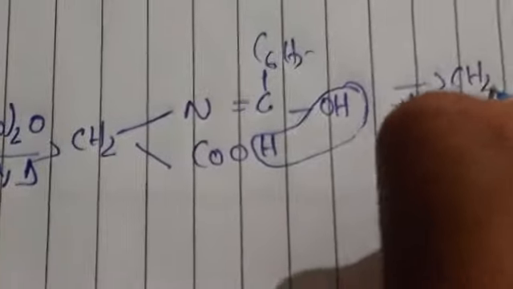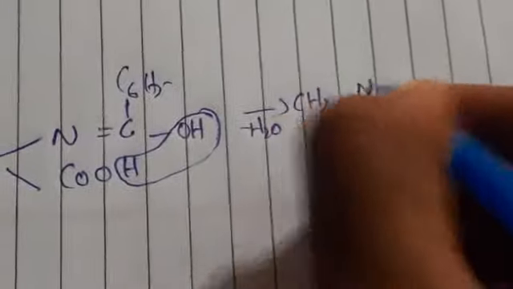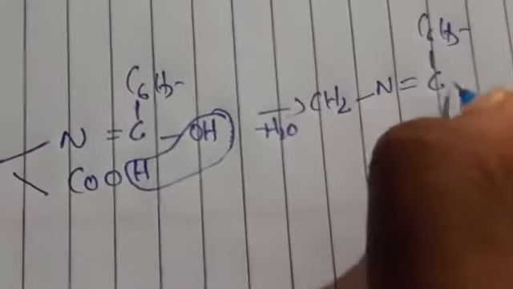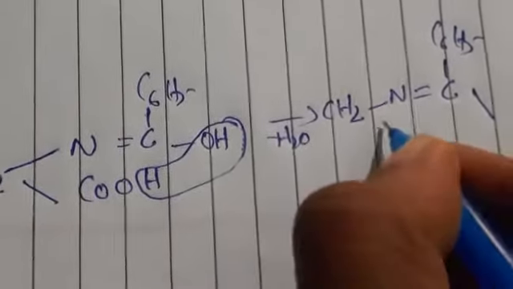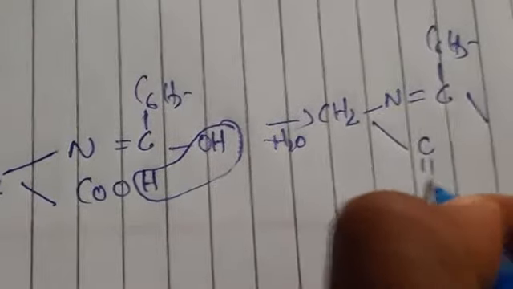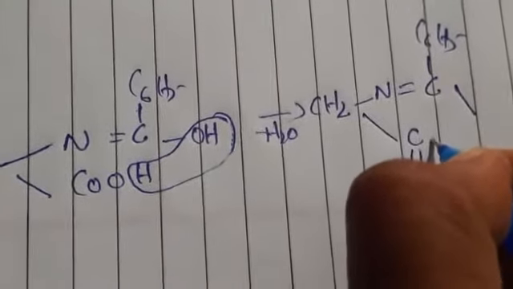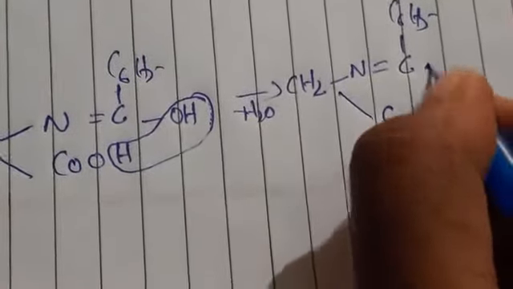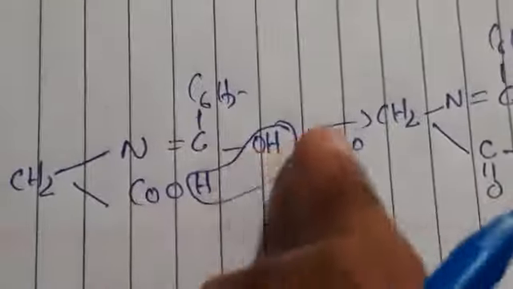So you are getting CH2 and double bond C, C6H5, C double bond O. Like this you are going to get it. See here, OH, H molecule will be lost, means there will be formation of a bond here.